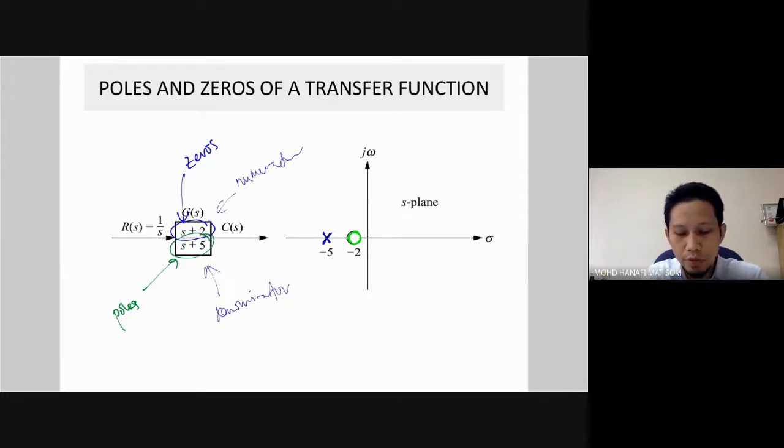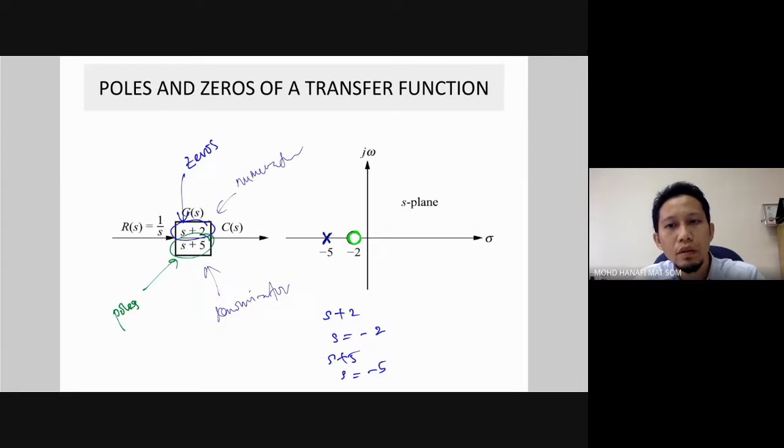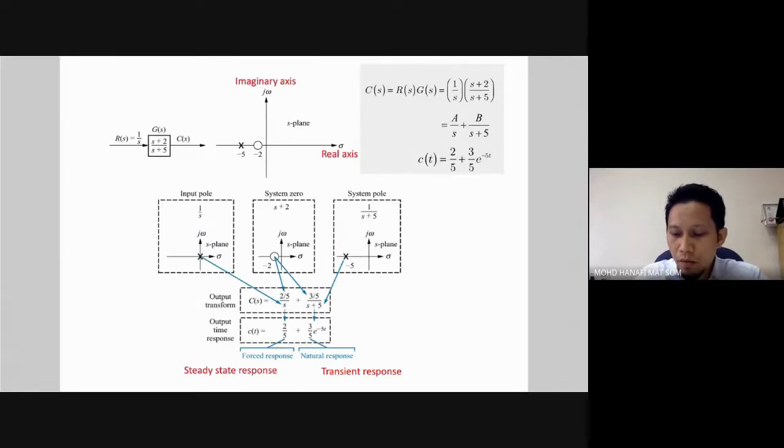So for our zero, s plus 2, when we put it on the s-plane, s equals -2. The same goes for the pole: we have s plus 5, so on the s-plane it is at s equals -5. Okay, so far any question? No? Okay, next one.